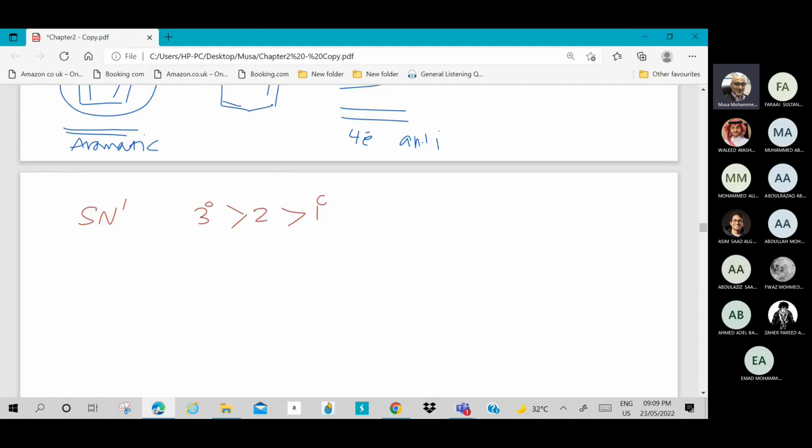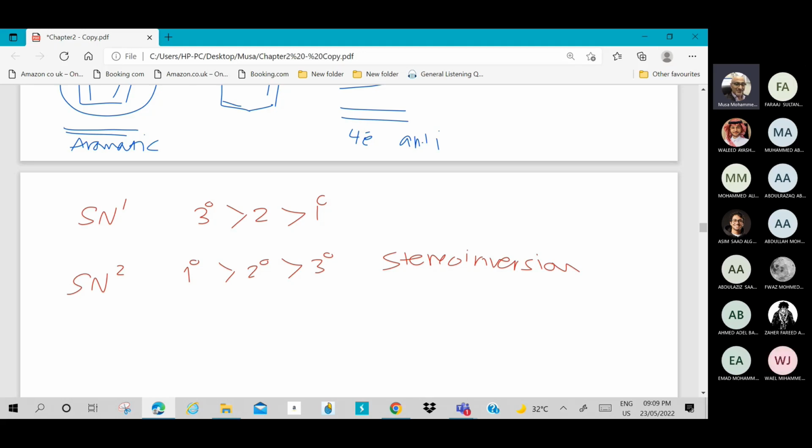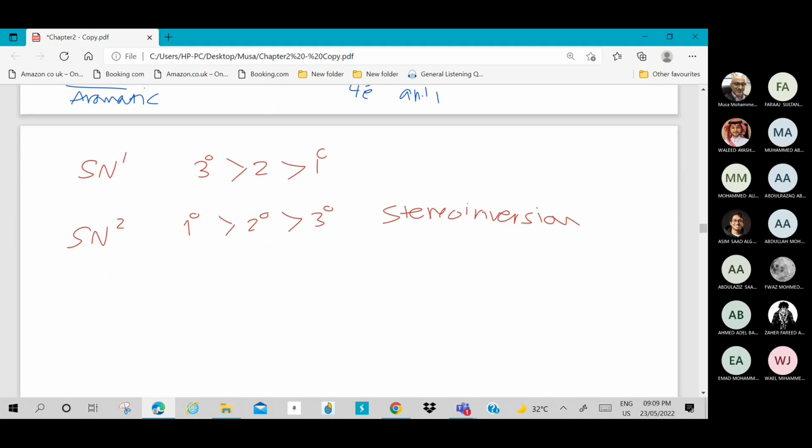And the SN2 reaction goes faster with primary, secondary, then tertiary. Of course, the methyl will be fastest, and generally the SN2 leads to stereoinversion, and SN1 leads to the formation of carbocation, and the carbocation can again suffer from rearrangement, and it will lose the stereochemistry. So you have to be able to classify SN1, SN2, E1, E2. Now, SN2, you need a strong nucleophile.